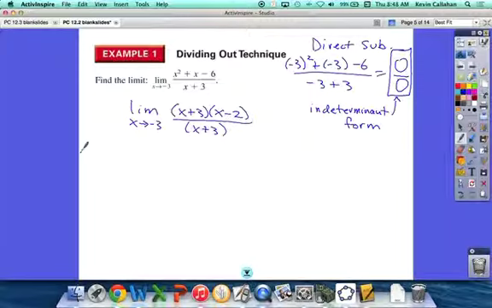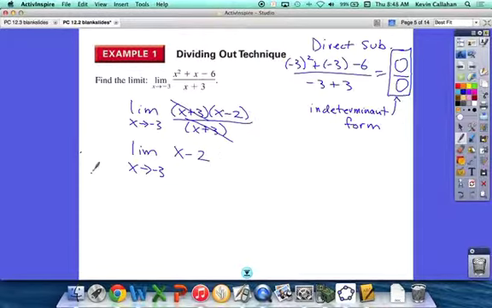Because we got the indeterminate form, we knew both the numerator and denominator had to have a factor of x minus -3, or x plus 3. So we factored it, and now we can cancel. That's the dividing out technique. So now we're taking the limit as x approaches -3 of x minus 2.